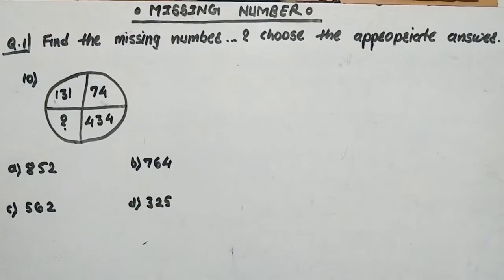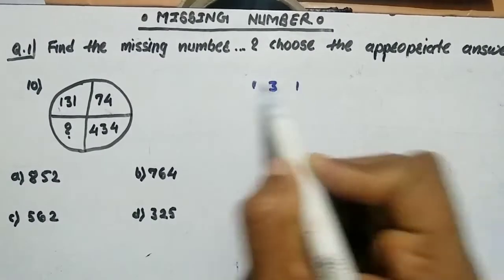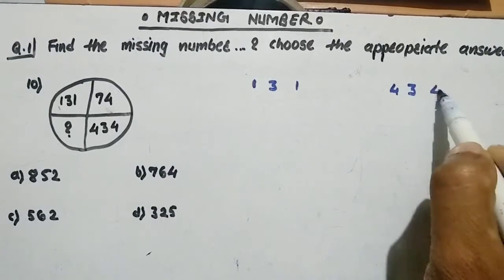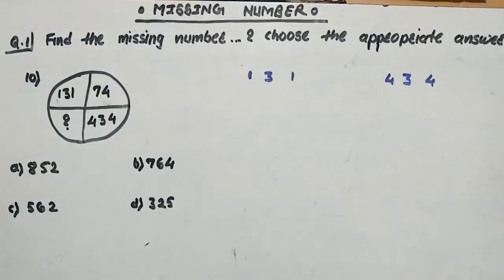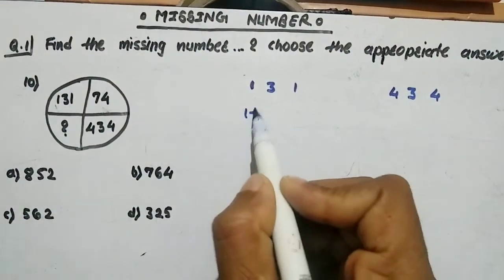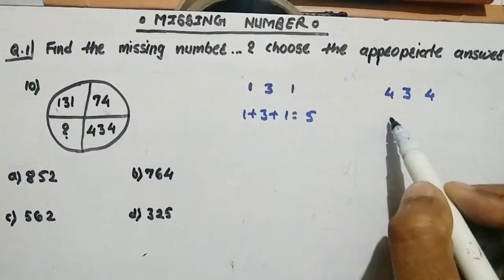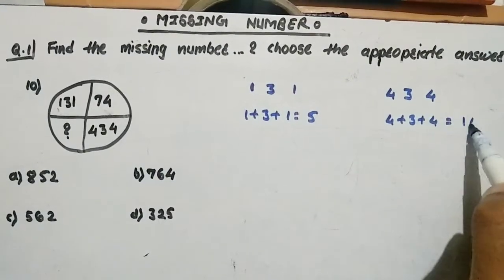Look, I choose opposite numbers, that is 131 and on the right side 434. So which logic is used? 131, when we add the individual numbers, 1 + 3 + 1, that is 5, right. And here 4 + 3 + 4, that is 11, right.